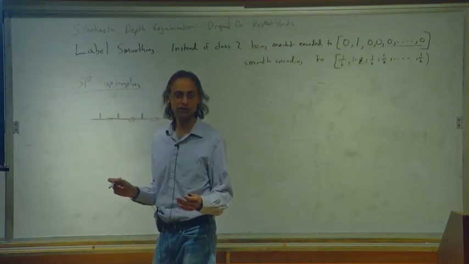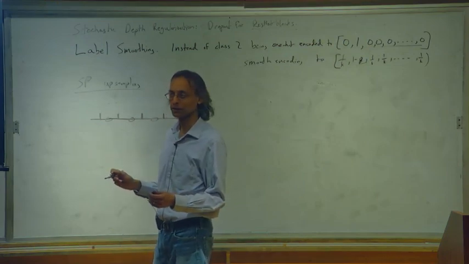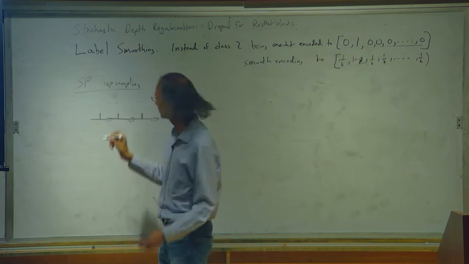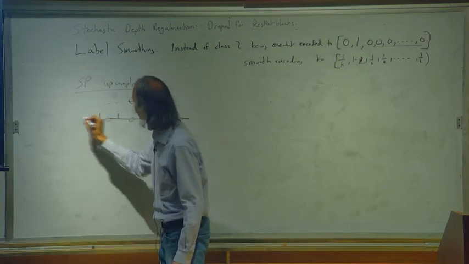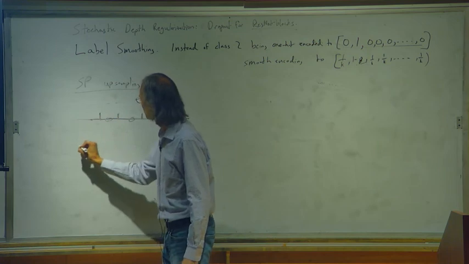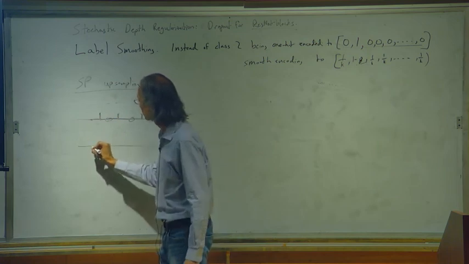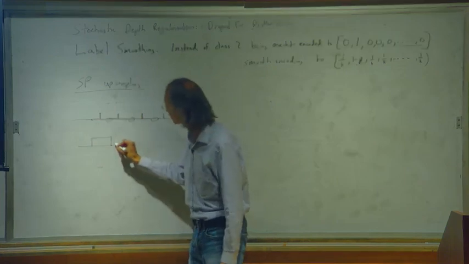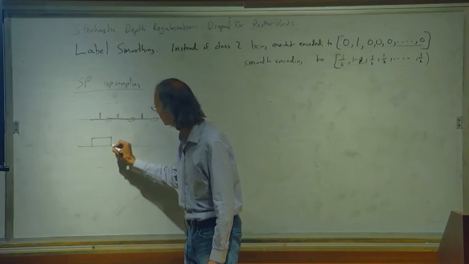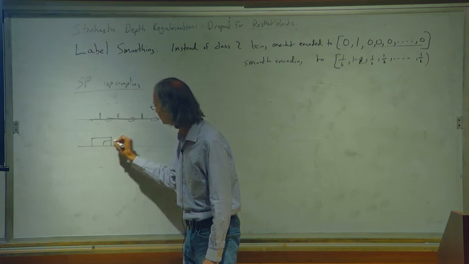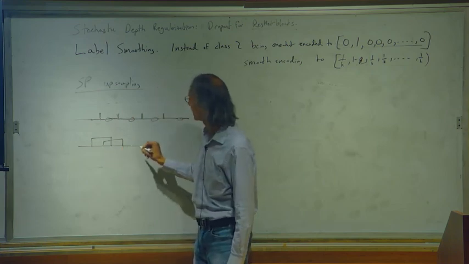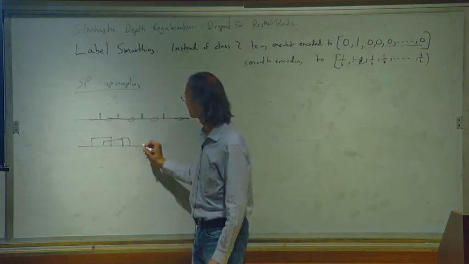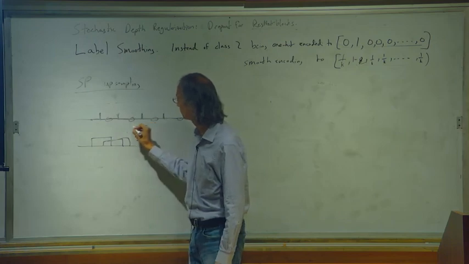For example, if I want a piecewise constant thing, I'll replace this value with a box, and I'll put another box at a different height centered on this value, and another box for this value, whatever the height should be.